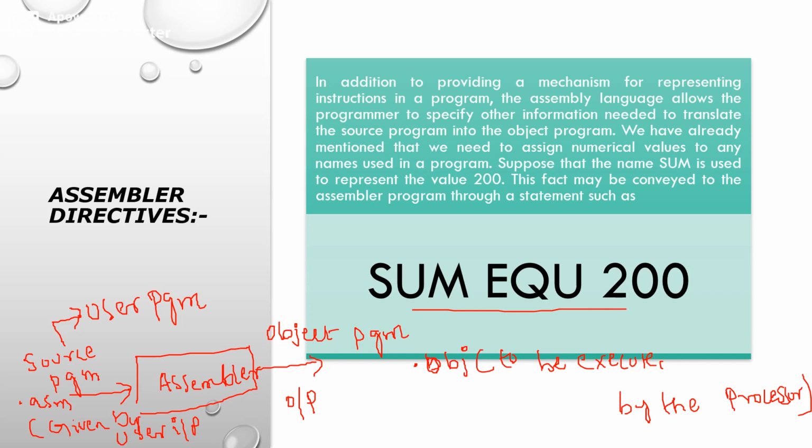If we have not used the directive, then at each appearance of this variable sum in the program, we have to change the value manually. So we can make use of an assembler directive like EQU. Wherever the name sum comes, the value will be assigned as 200. So when the program is run, the label sum is replaced by the value 200 automatically by the assembler whenever the variable name sum appears in the user program.